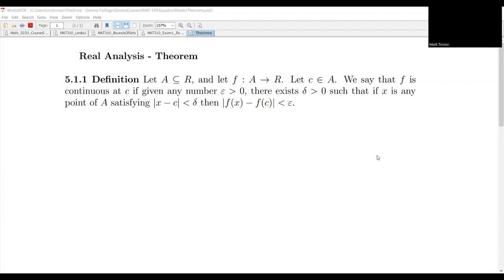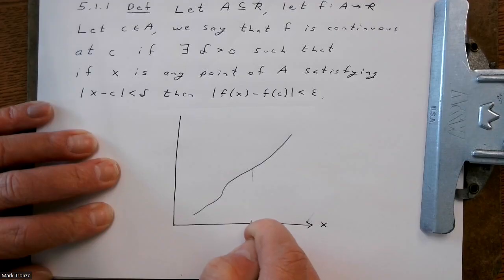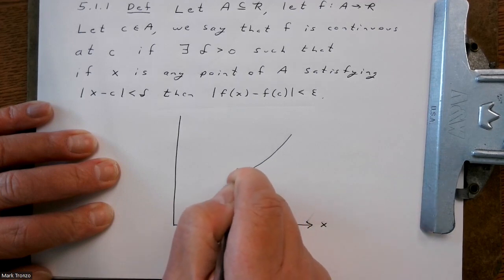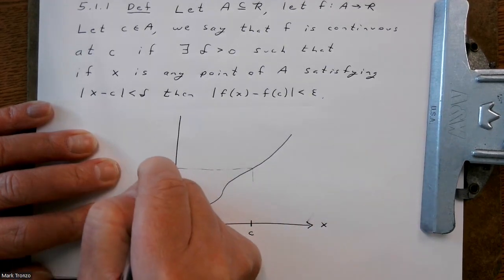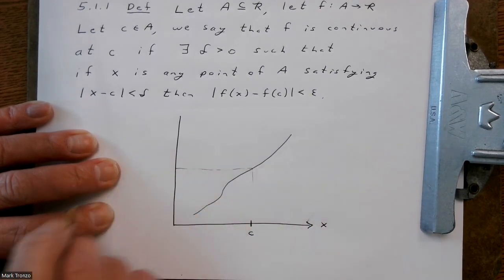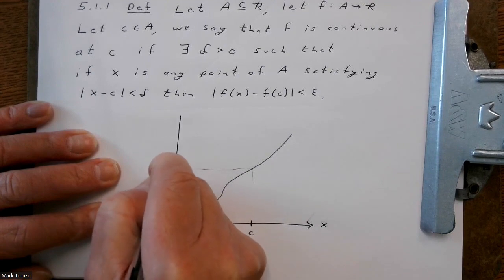So let's take a look at this. It's continuous at the point c. And then this up here would be, say, f of c.